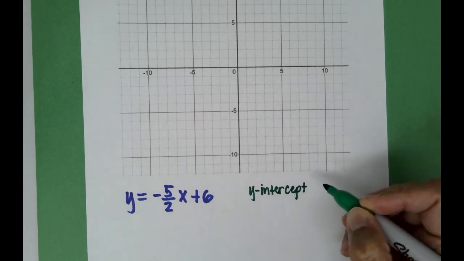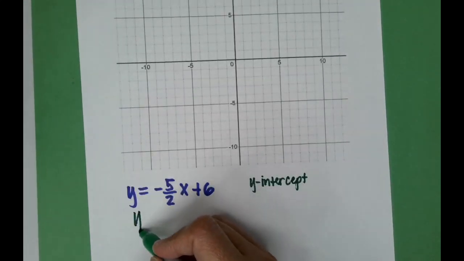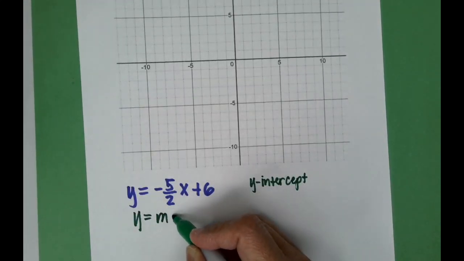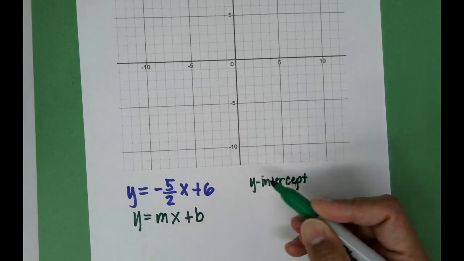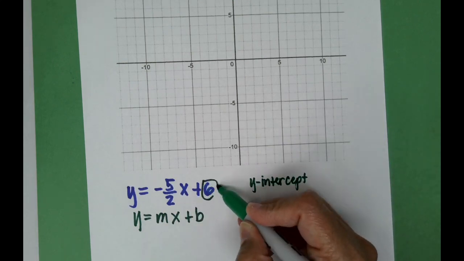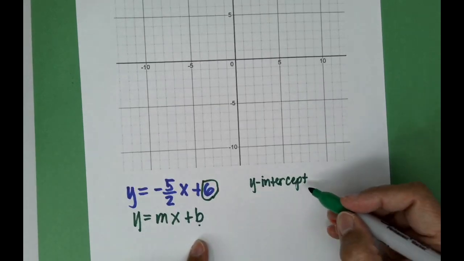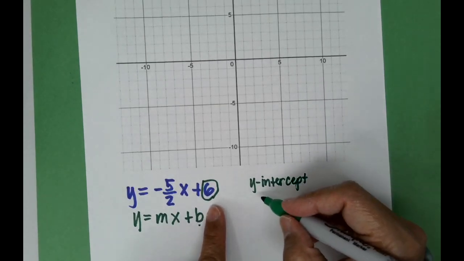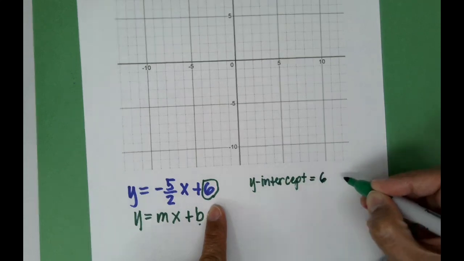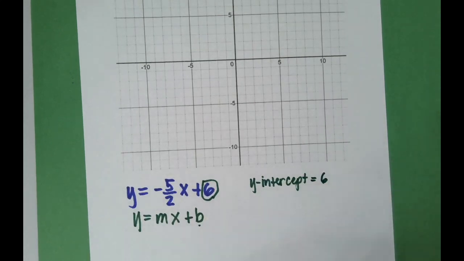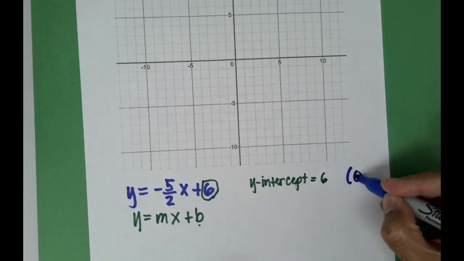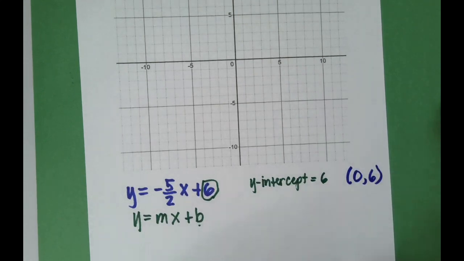remember in the slope-intercept form, which is y equals mx plus b, the constant is the y-intercept, or the b. In this case, the y-intercept is 6, so the coordinates of the y-intercept would be (0, 6).